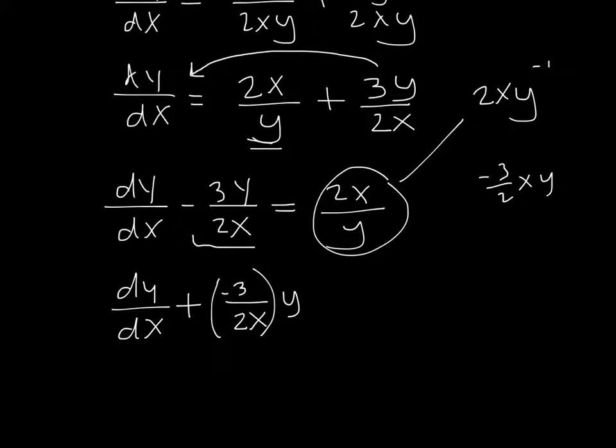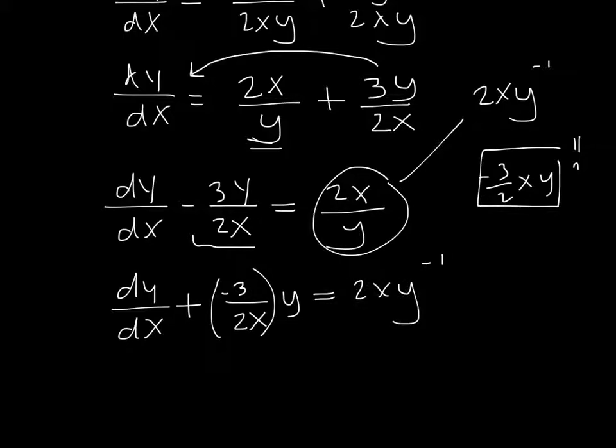Well, this is wrong, because your x is in the denominator. If you exclude the y, that's not a line, it's a rational function. Okay, so we have equals, and then our 2x y to the negative 1.